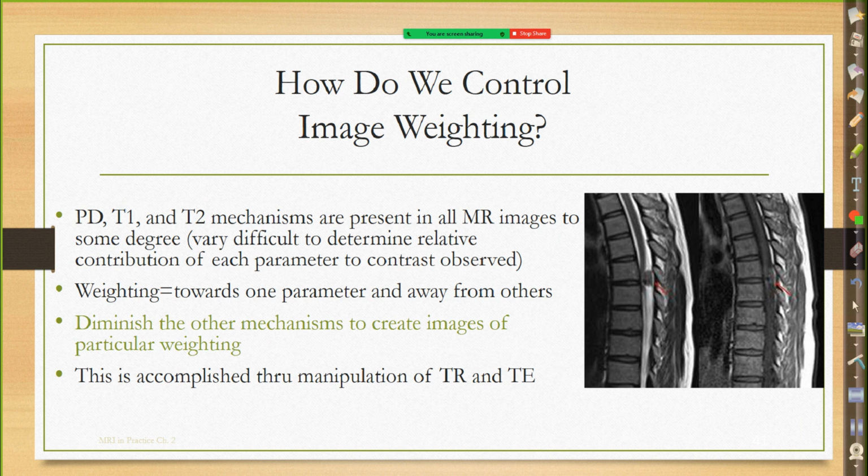So that's what I'm saying here. Proton density, T1 and T2 mechanisms are present in all MR images to some degree. But we weight the image, and this is where it gets its term, we weigh towards one parameter and avoid other parameters.